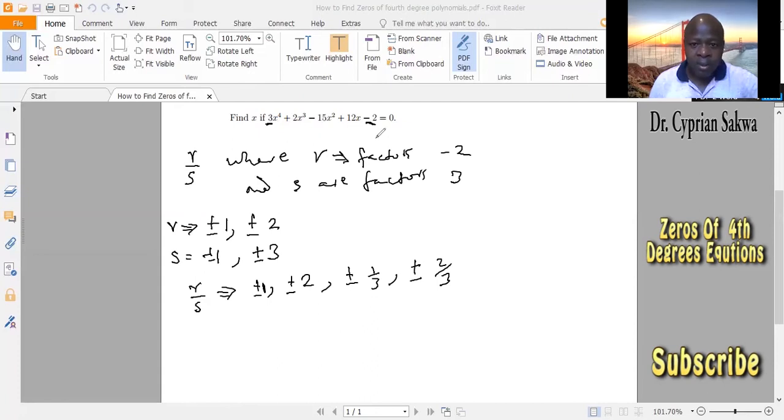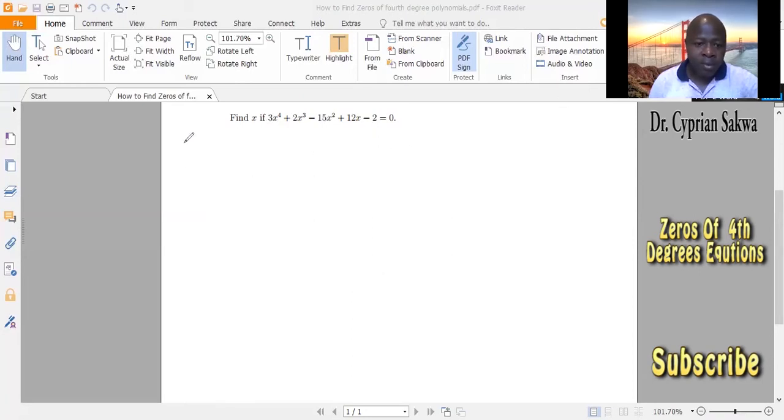So let me do what we've said. We want to try these and see which would be a root to this equation. I begin with plus or minus one. Let me begin with x equals 1 and see whether it's a root. I put 1 where there is x.